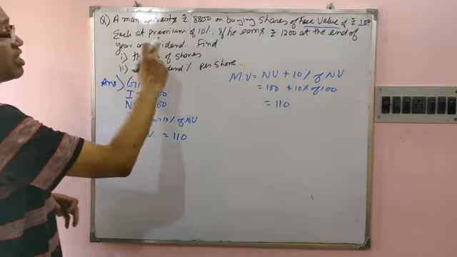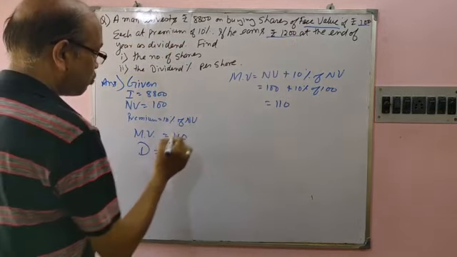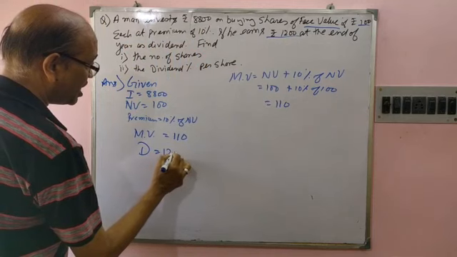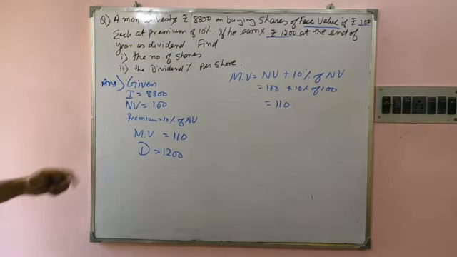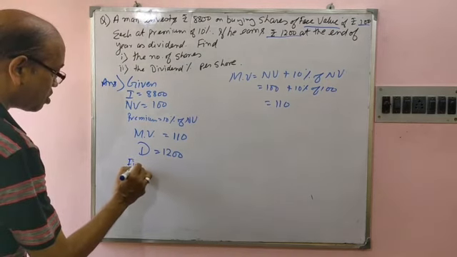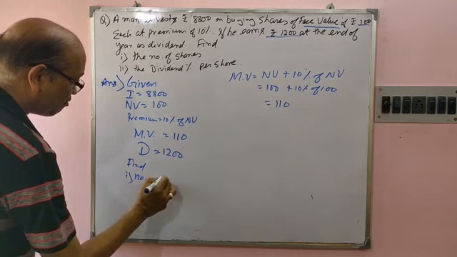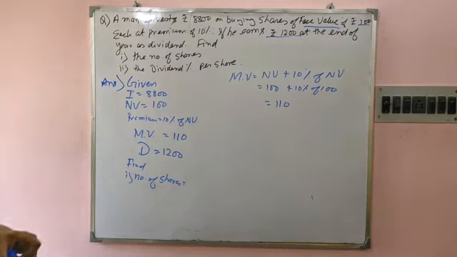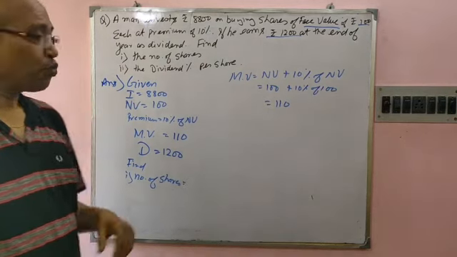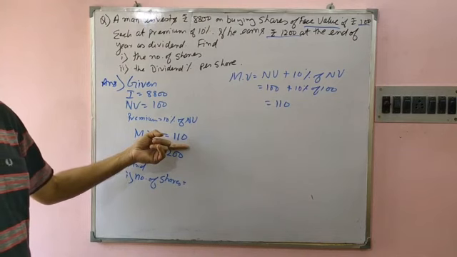And what else is given? Dividend 1,200. What is 1,200? It is the dividend he earns. So first, what do you have to find? Find the number of shares. Which formula can we use here now? We have the investment as well as the market value of one share.